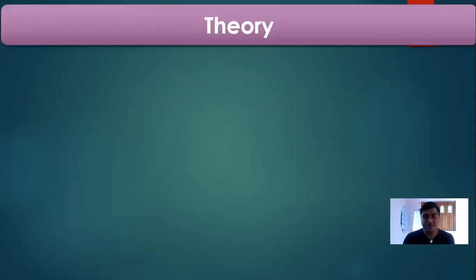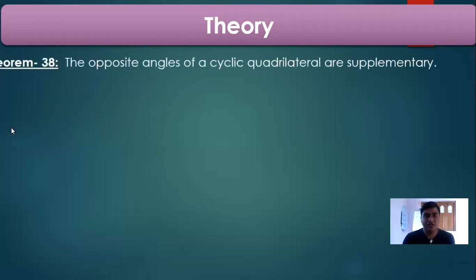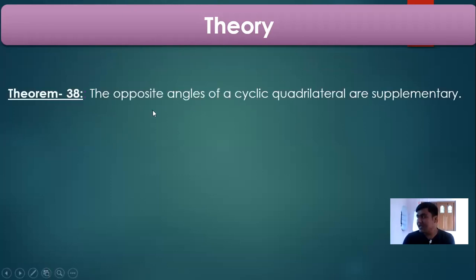Now we remember the previous discussion. In the theory portion, there are two theorems, theorem 38 and theorem 39. The statement of theorem 38 is: the opposite angles in a cyclic quadrilateral are supplementary.